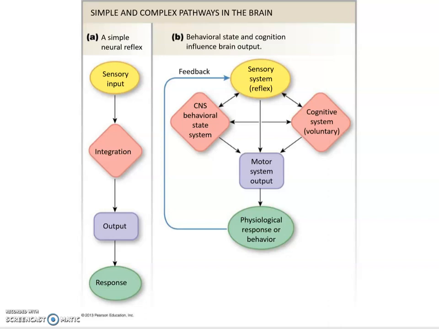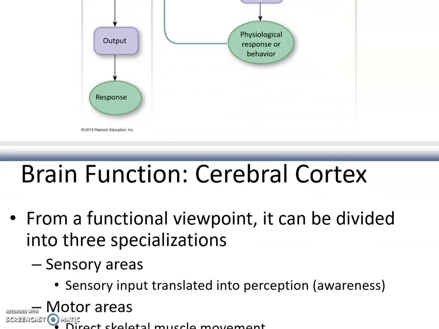Also, the physiological response or behavior will send feedback information. So let's say your hypothalamus decided to send out a certain hormone, and then the physiological response takes place, and you're sending feedback back to the hypothalamus to make sure that the orders were being followed, and now everything is back in homeostasis.